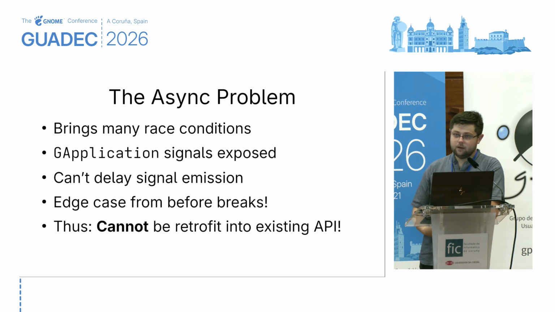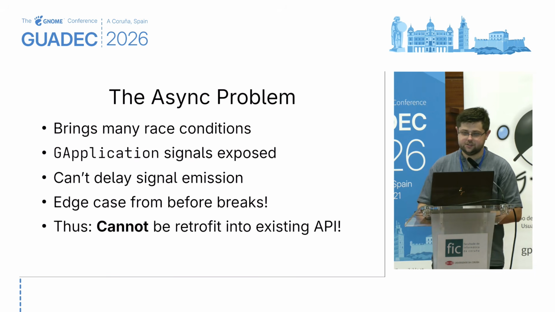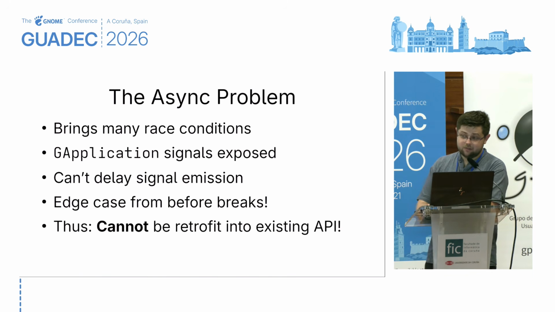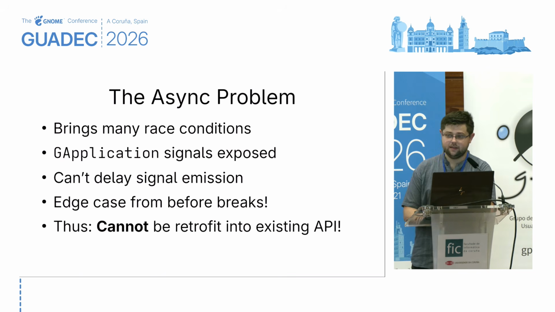So I was thinking originally that there was some way to retrofit async into this API and just let it be. But it comes with a big pile of race conditions that we couldn't fix. If that API had landed, we would be stuck with a bunch of race conditions that would make it not feasible.